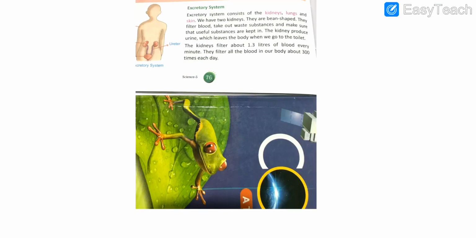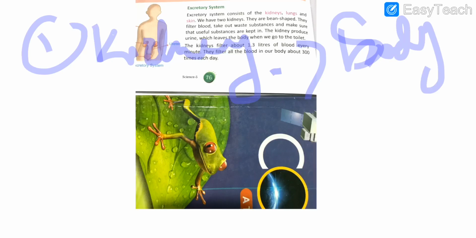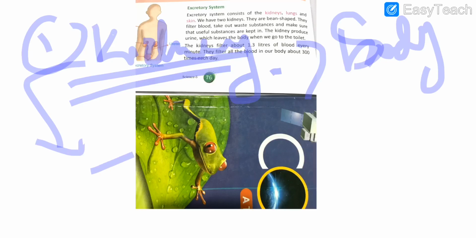So this is how our first excretory organ, the kidney, helps in the excretion of substances that our body does not need. That is the main function of the kidney: the filtration of blood and the removal of substances from our blood that our body does not need.